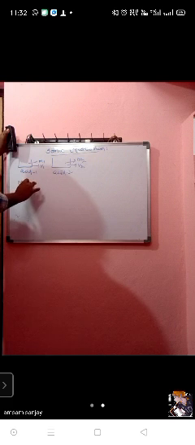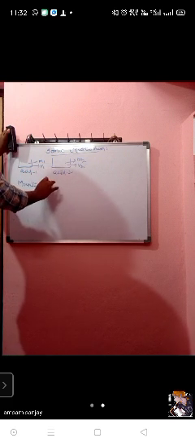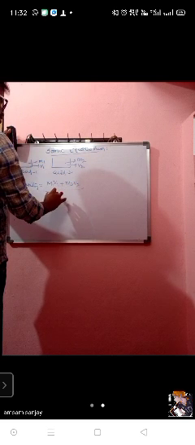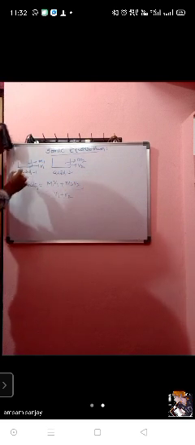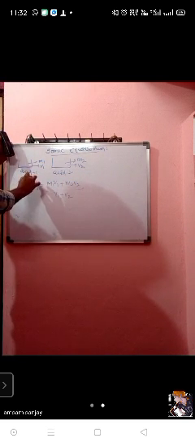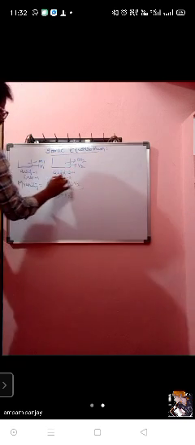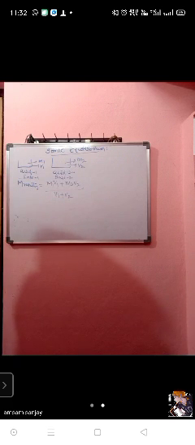Then M resulting is (M1V1 plus M2V2) by (V1 plus V2). Even if it is base 1 and base 2, but both should be acids or both should be bases, then you can use this formula.